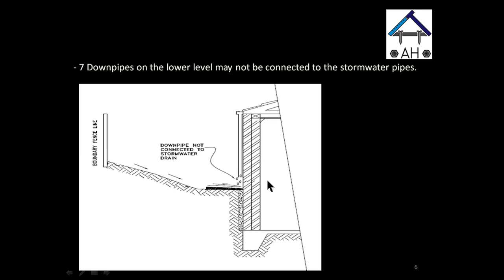This could be a problem, especially with downpipes located upslope of the house. If the downpipes are not connected, then we could have water flowing on the ground, and it will find its way to the lowest point behind the wall. It's important to connect all downpipes to the stormwater pipes and then to the legal point of discharge.